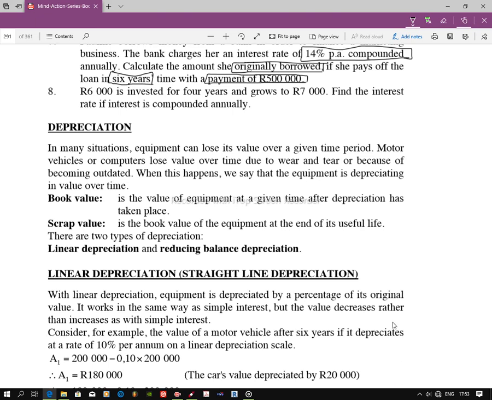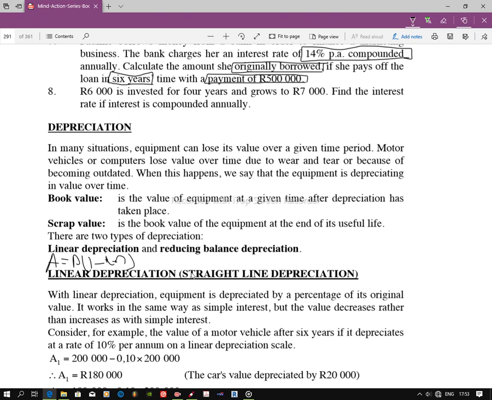When we are talking about linear depreciation, just think of simple interest. Let me give you a hint here. We have A = P(1 - I × N).